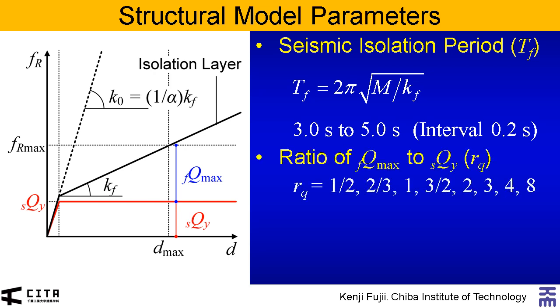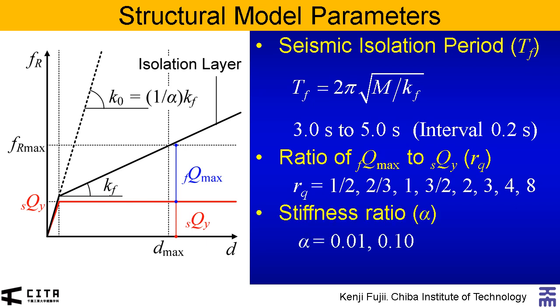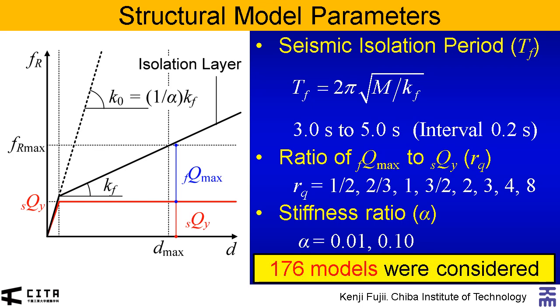The second is the ratio RQ. 8 values are set for RQ from 1 over 2 to 8. The third is the stiffness ratio alpha. Here, alpha is set to 0.01 and 0.10. So, 176 models are considered.